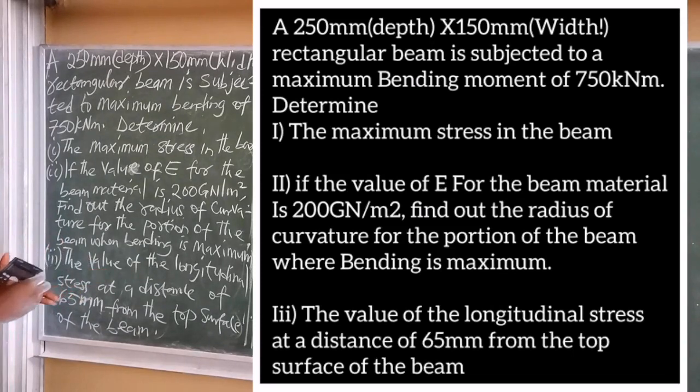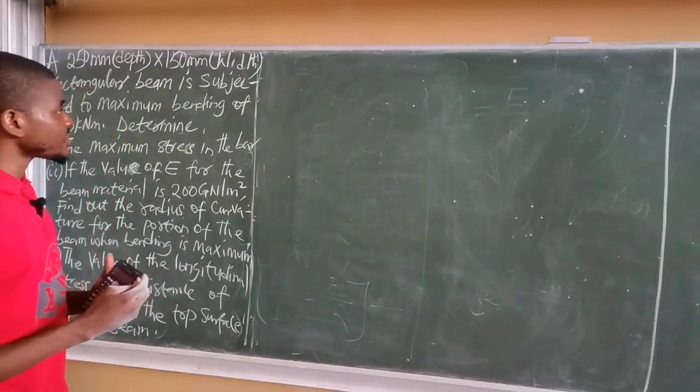Question says determine (i) the maximum stress in the bar, (ii) if the value of E, that's Young's modulus, for the beam material is 200 giganewtons per meter squared, find out the radius of curvature for the position of the beam when bending is maximum, and (iii) the value of the longitudinal stress at a distance of 65 millimeter from the top surface of the beam. Okay, so let's try to draw the diagram and see what they say.